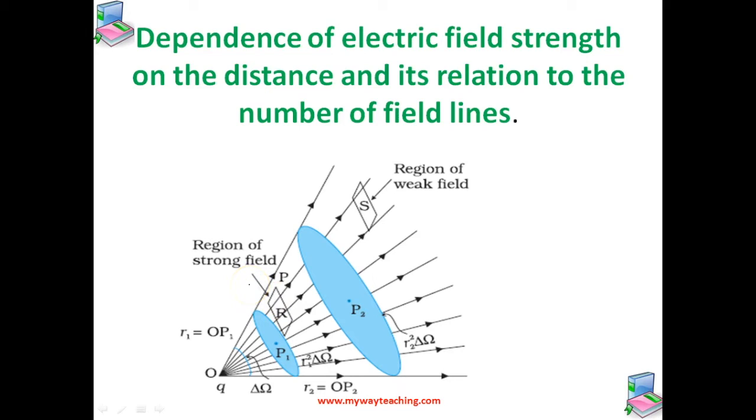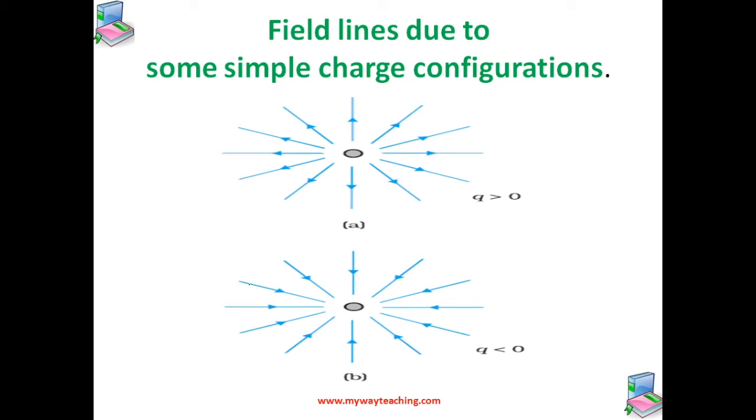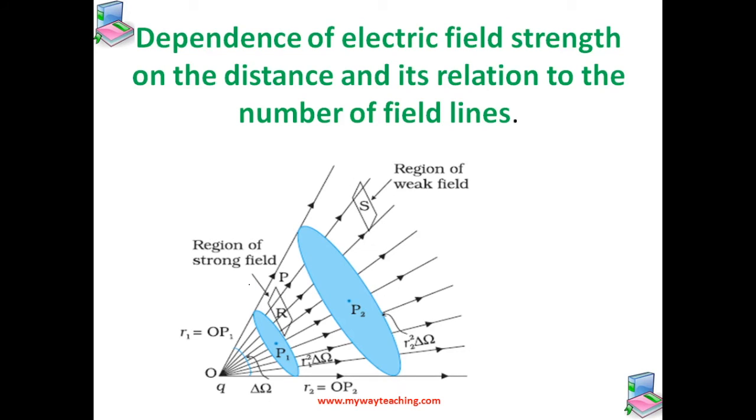So in order to understand this dependence of the field lines on the area, or rather the solid angle subtended by an area element, let us try to relate the area with the solid angle. See, let us recall how we define angle in 2 dimensions. Then we can understand this concept easily.